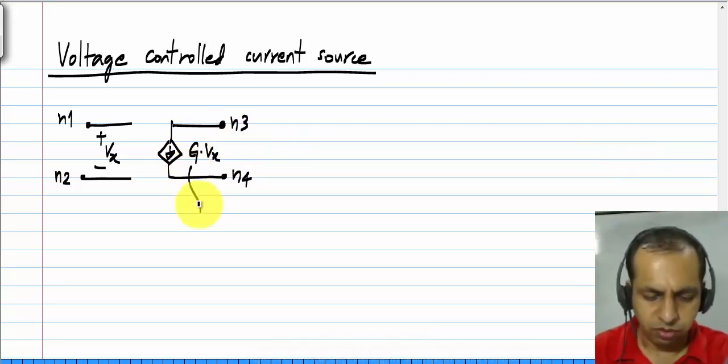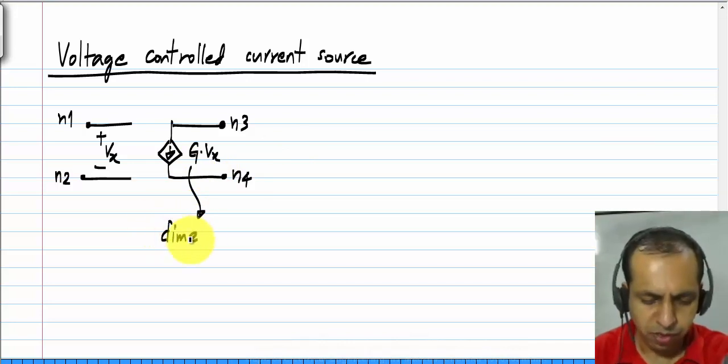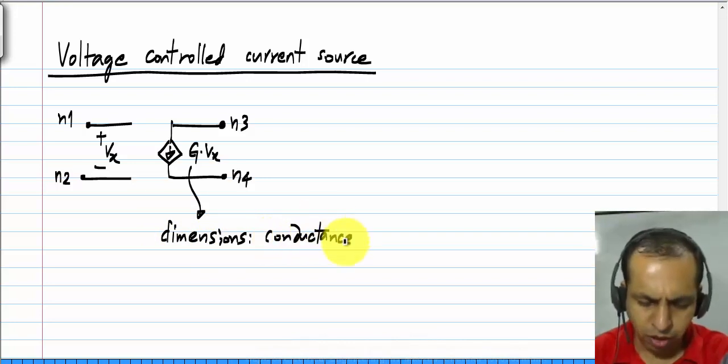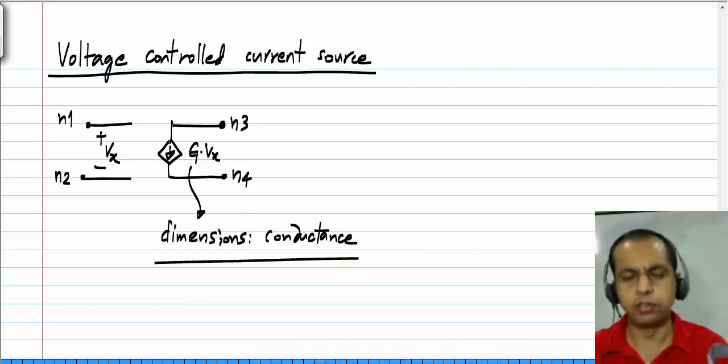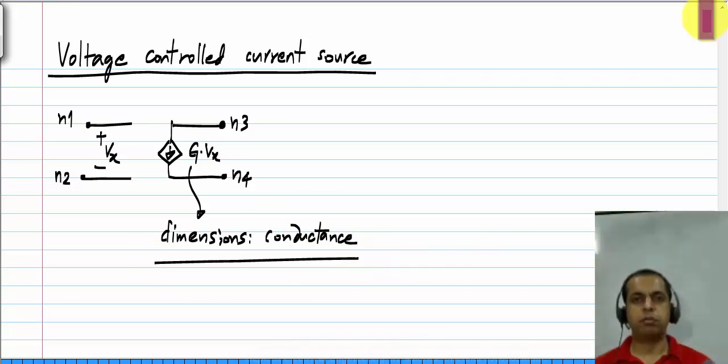Okay, so now this G obviously has dimensions of conductance. Because it multiplies a voltage and results in a current, it has dimensions of conductance.